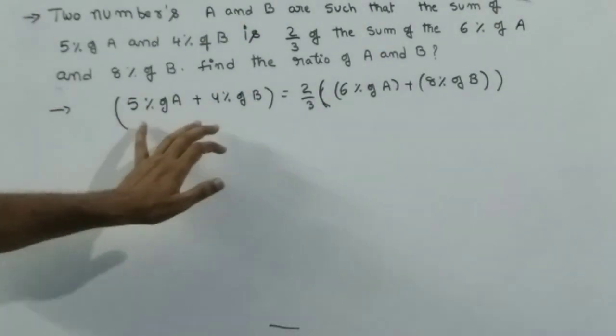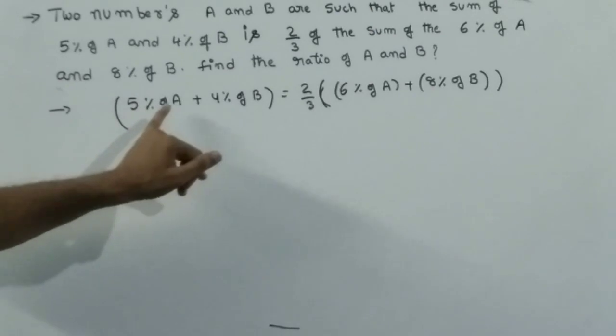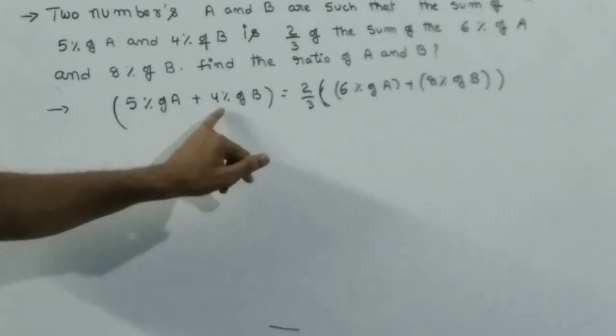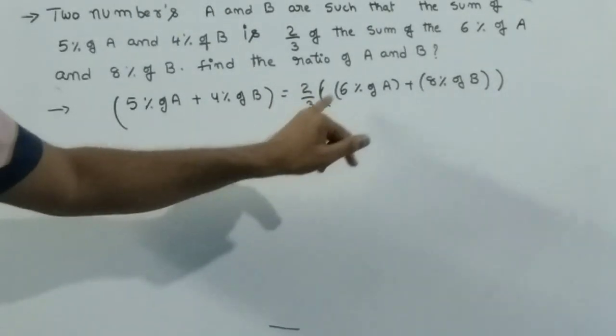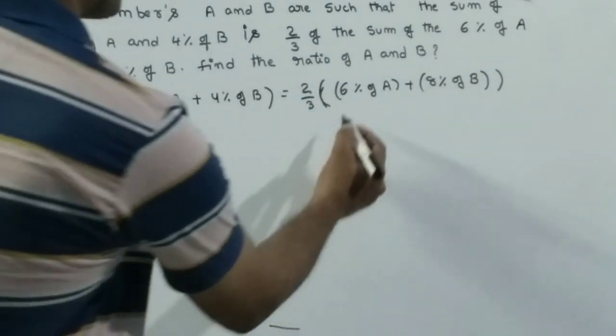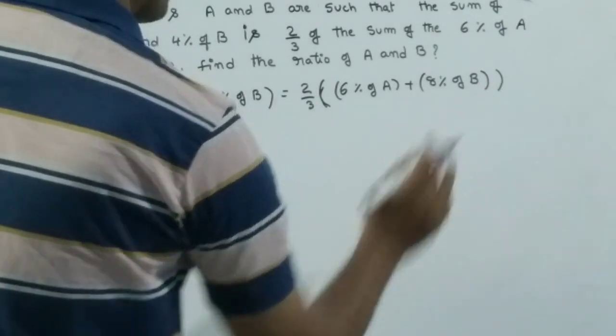Now we have written like this: the sum of the 5% of A and 4% of B is 2/3 of the sum of the 6% of A and 8% of B.